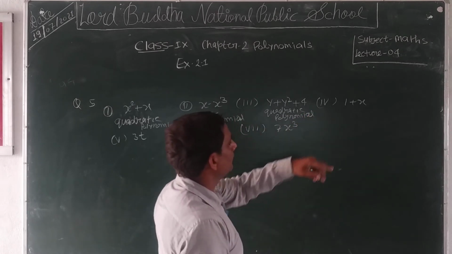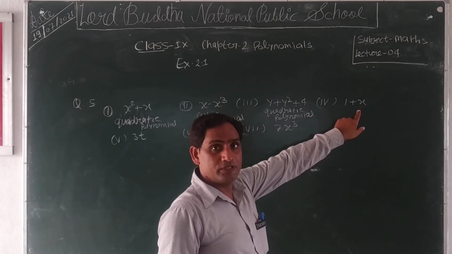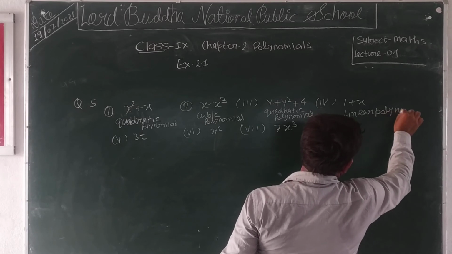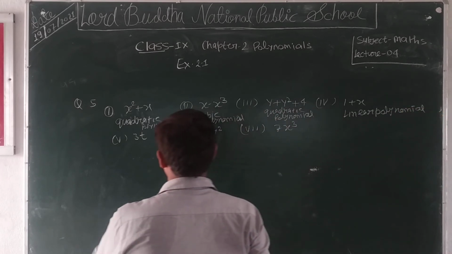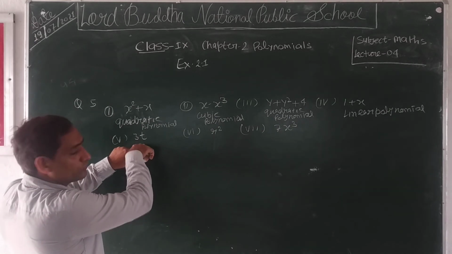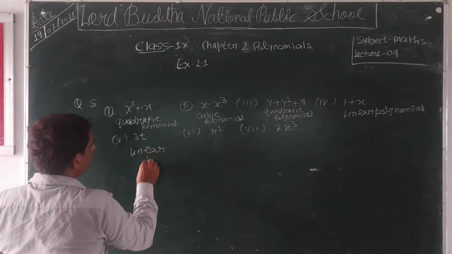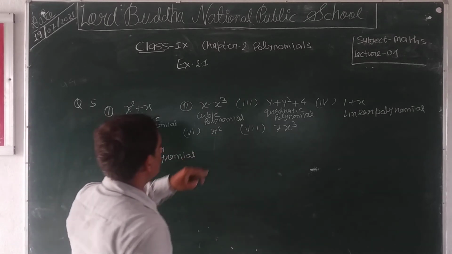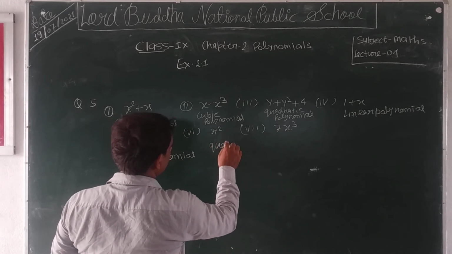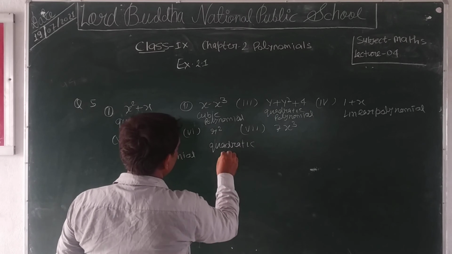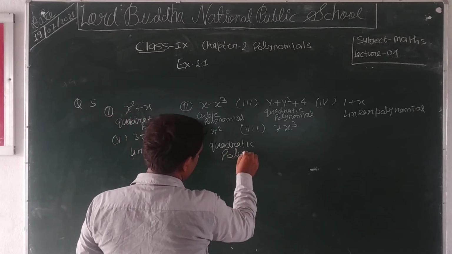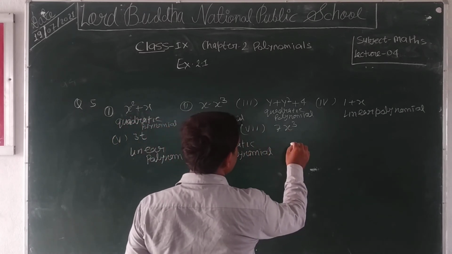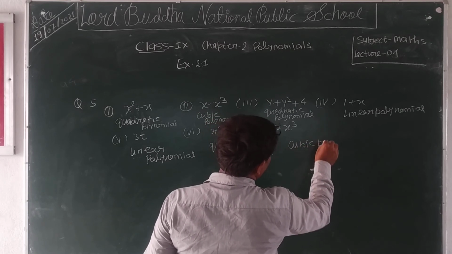Clear? Now in this the highest power of variable is 1, linear polynomial, and in this it is also highest power 1, linear polynomial, and here the highest power is 2, quadratic polynomial, and here the highest power is 3, hence it is a cubic polynomial.